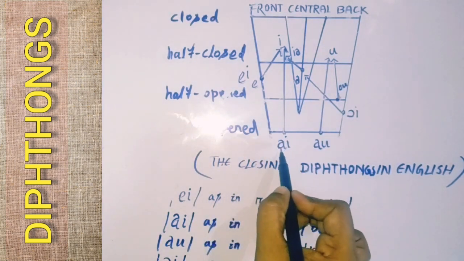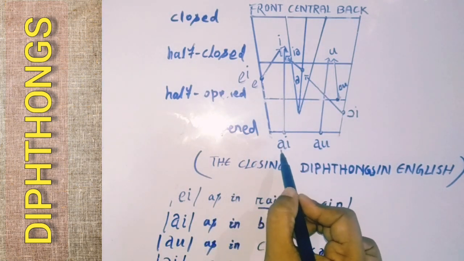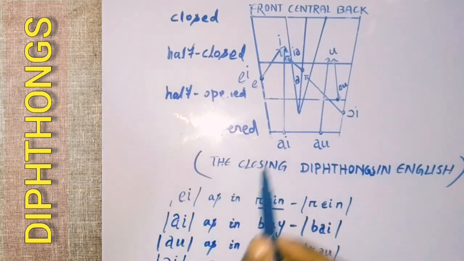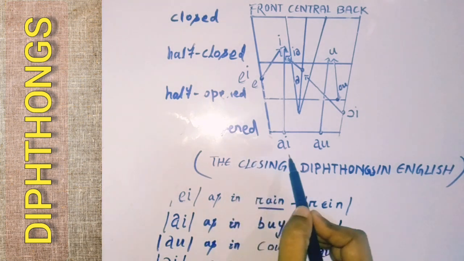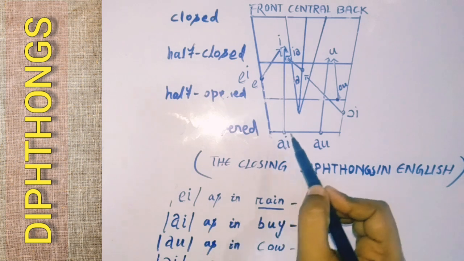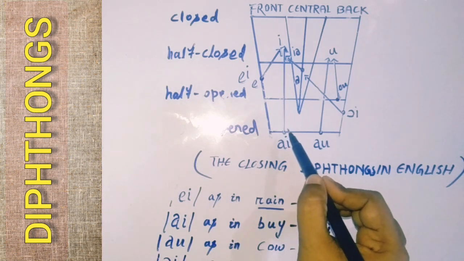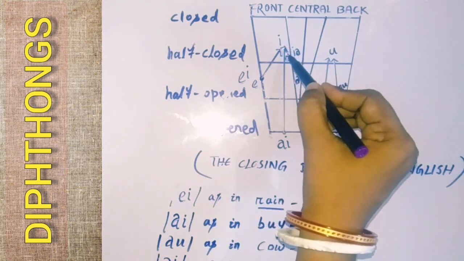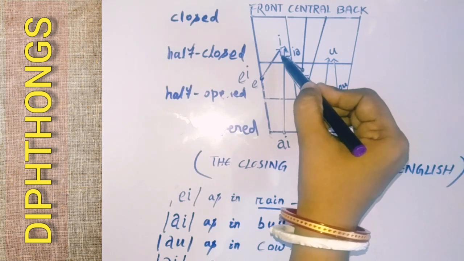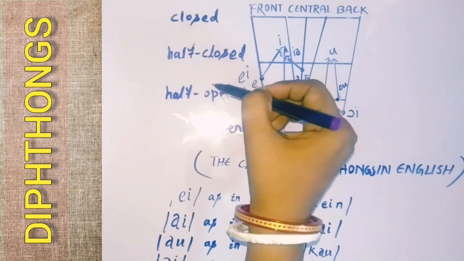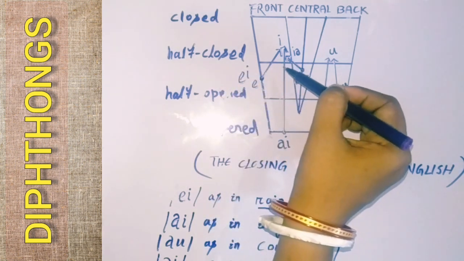Then we get the next diphthong, /aɪ/. During its articulation, the tongue glides from a front open short unrounded vowel to the /ɪ/ sound, which is front, short and unrounded, just above the half closed position.